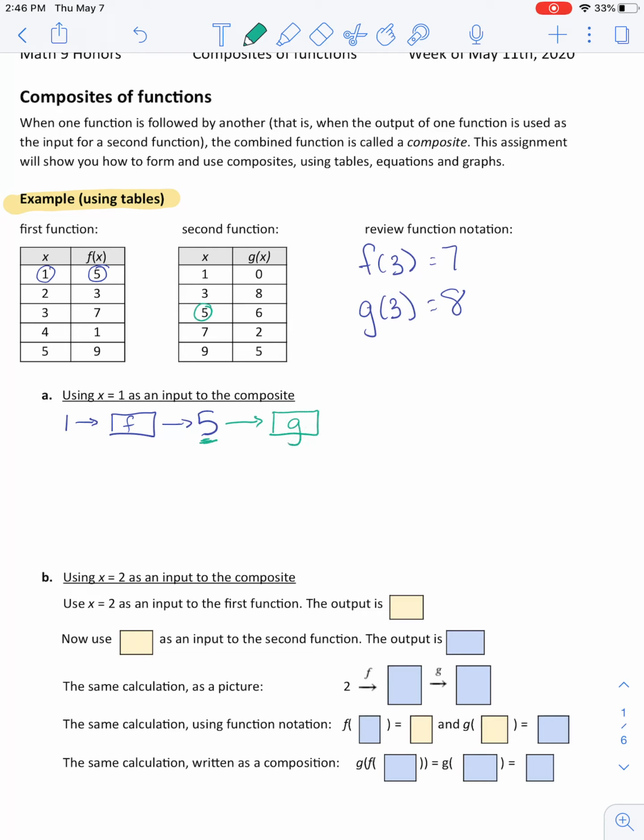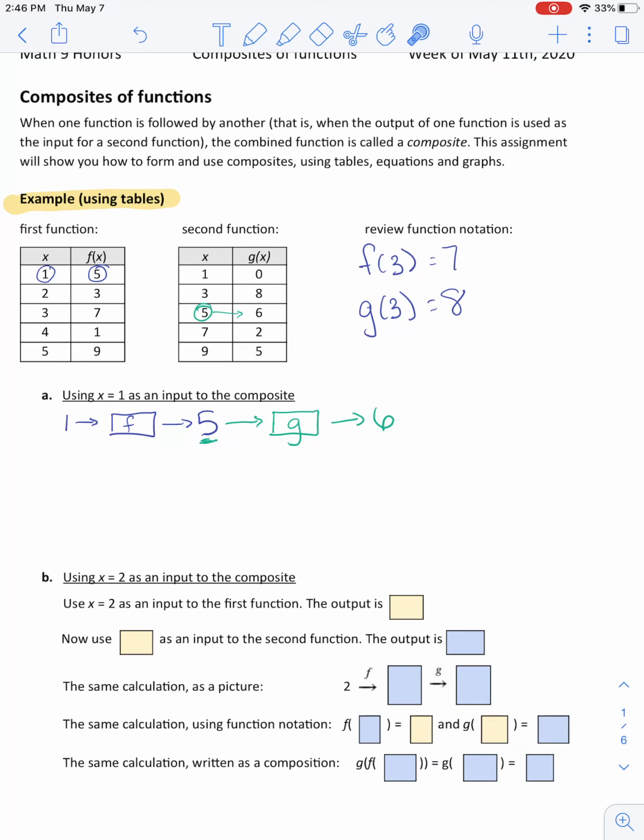Here's 5 as an input for g, and what's going to come out of that is 6. So when I use 1 as an input for the first function, the output is 5. And when I use 5 for the input of the second function, the output is 6. Okay, so this picture can explain what's happening.